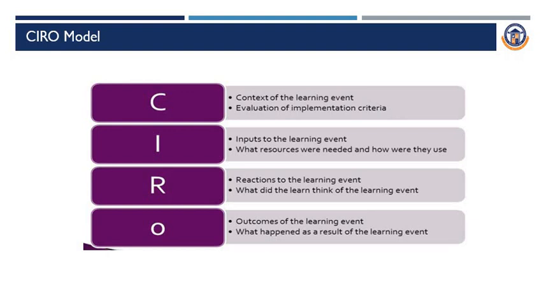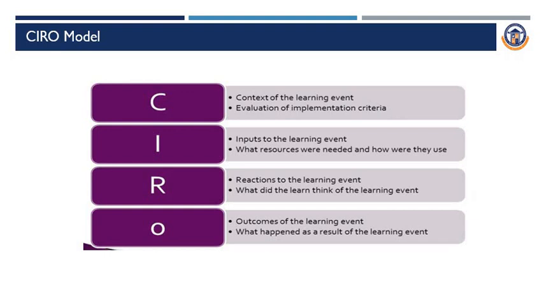Next stage is input. This is about analyzing the effectiveness of training courses in terms of their design, planning, management and delivery. It also involves analyzing the organization's resources available and determining how these can be best used to achieve the desired objectives. Next level is reaction. This is about analyzing the reaction of delegates to the training in order to make improvements.